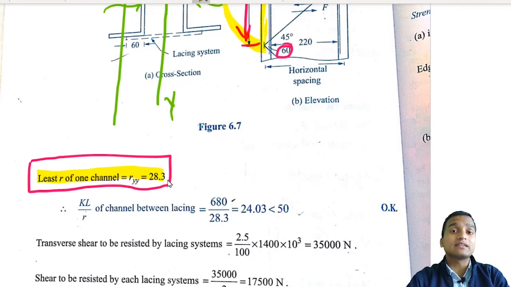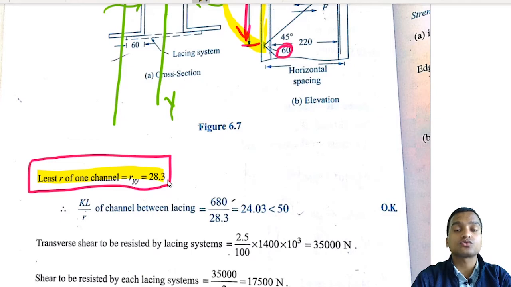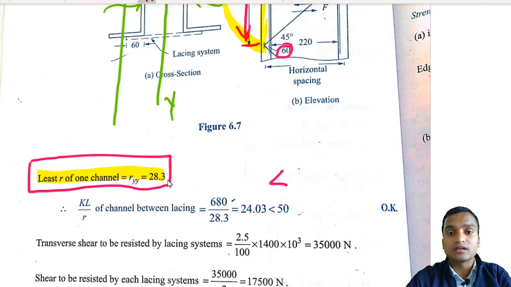And when we calculate the slenderness ratio for individual channels in local buckling, KL by r of channel between lacing will be equal to 680 by 28.3, and this is equal to 24, and it should be less than 50, and it should also be less than 0.7 times, as we have done, 1.05 into 73.